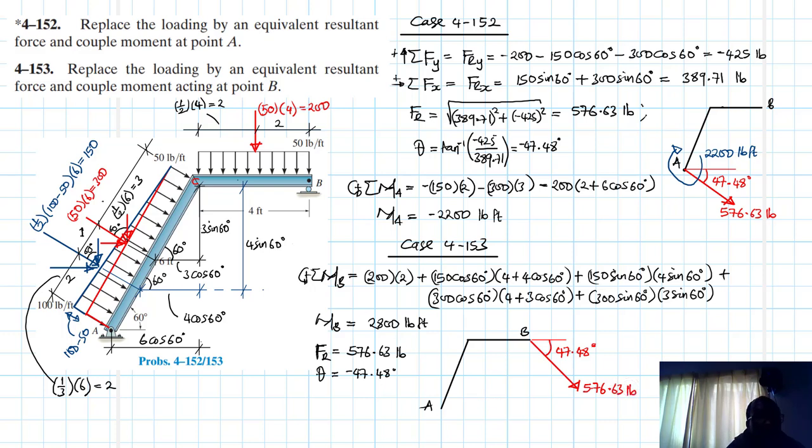And then we have a moment which is counterclockwise, anticlockwise. So it's going like this, right? It's counterclockwise, positive, and the value of this particular moment is 2,800 pounds feet. Great.